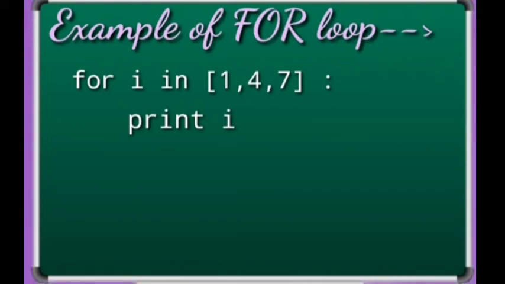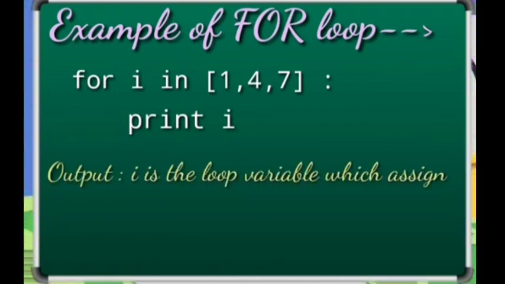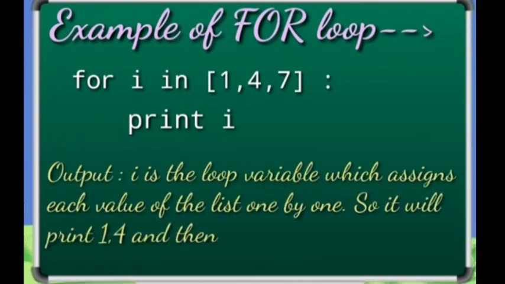How? You can see here, i is a looping variable which will read the values given in the list one by one. The first time the value will be 1, the second time it will be 4, and the third time it will read the value 7. So that is the reason they are printed one after another.